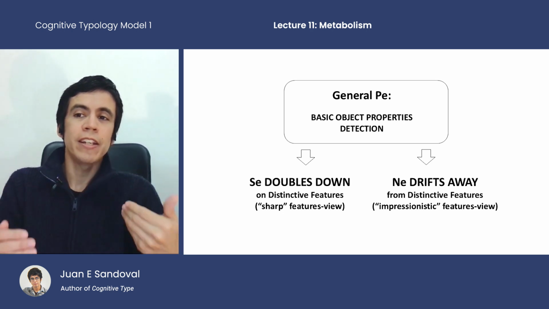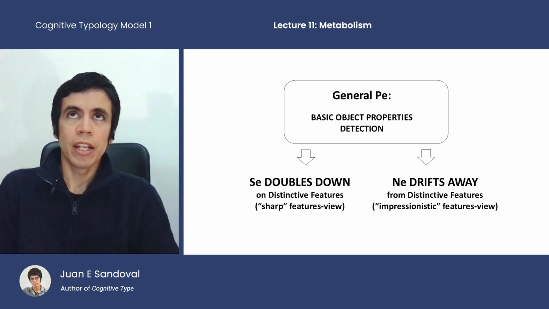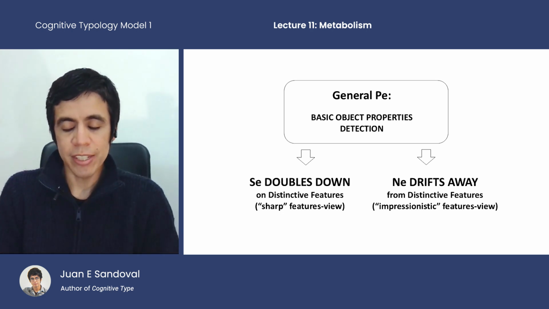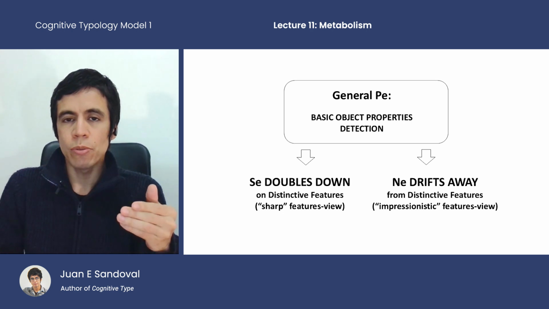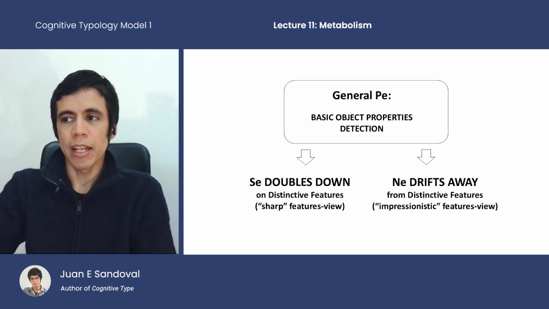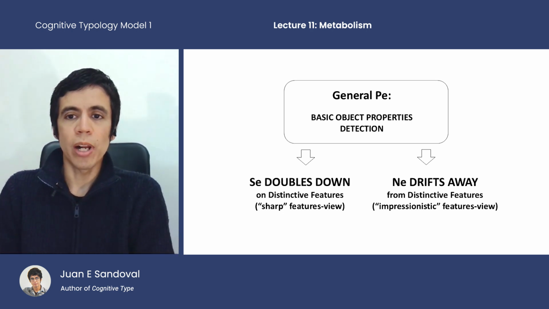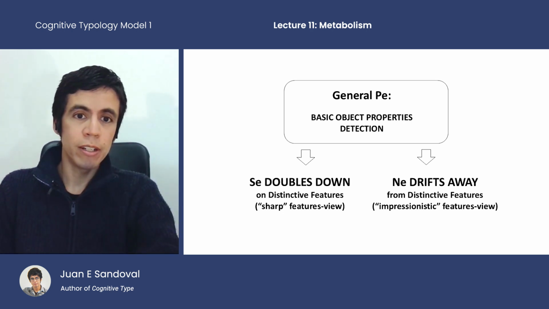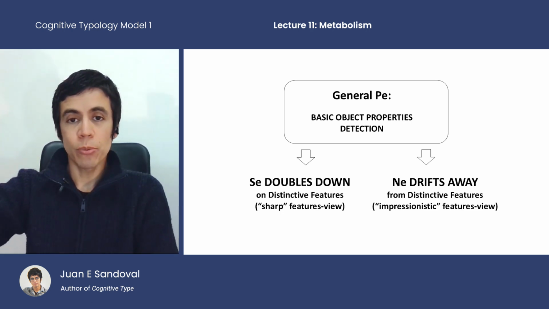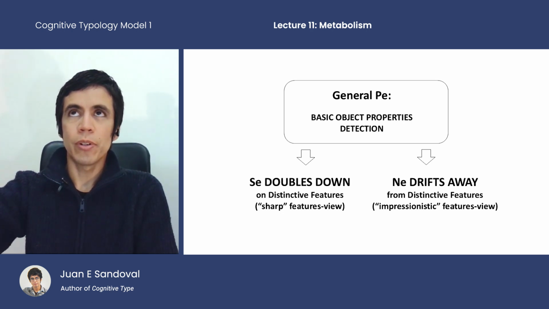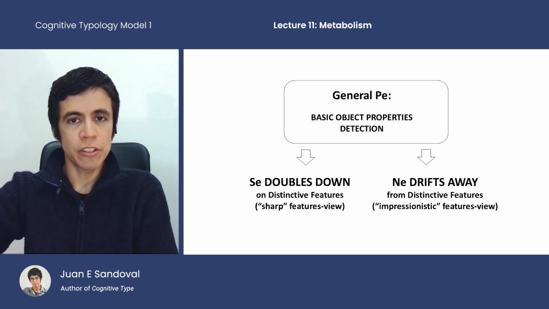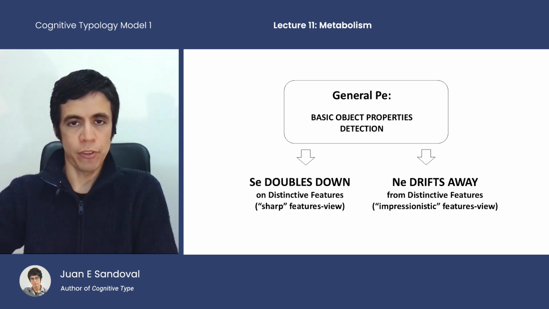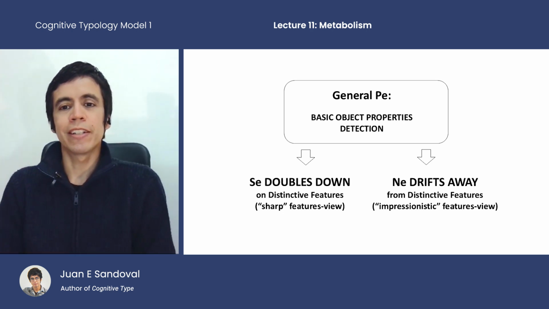And so relative to NE, SE will seem like more of a sensory process, and that would be fair to say at some level, because it continues to look sharper, but it doesn't mean that NE doesn't also do some of that as well. It just kind of switches roles halfway through. So one doubles down on distinctive feature input. The other one, NE, has a more vague distinctive feature distinction, and then leaps to associative feature distinction after that. So that's kind of the metabolic difference here.